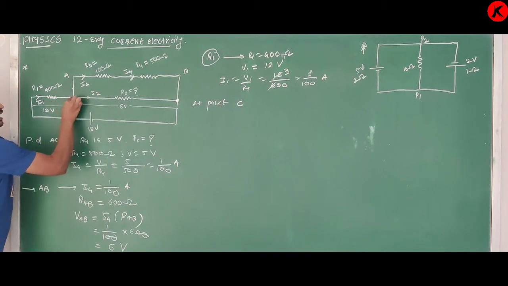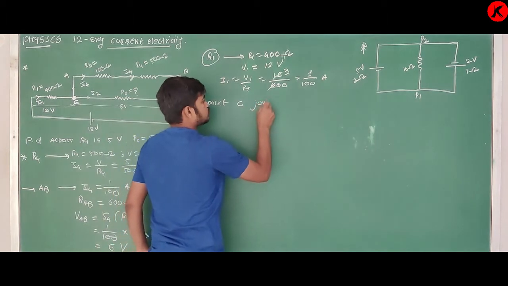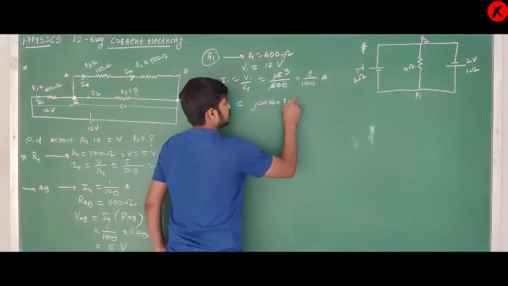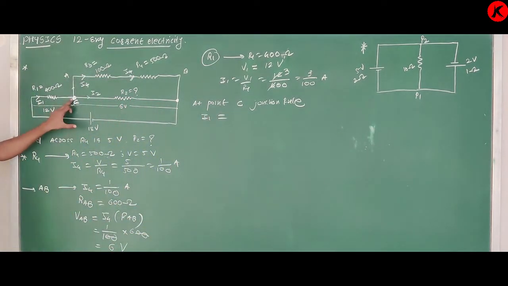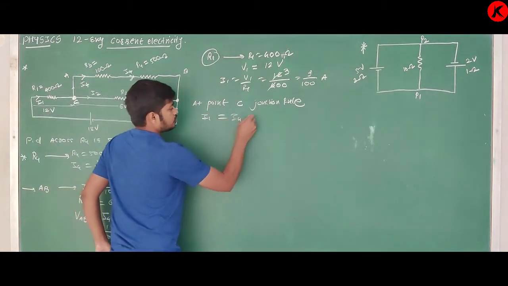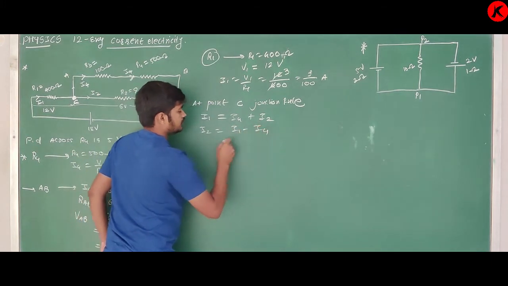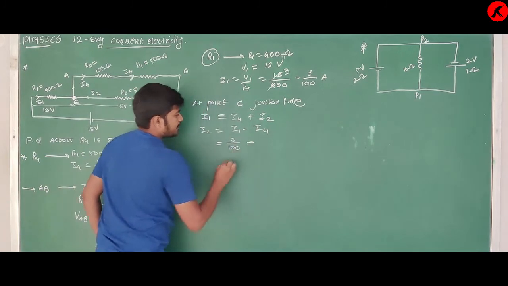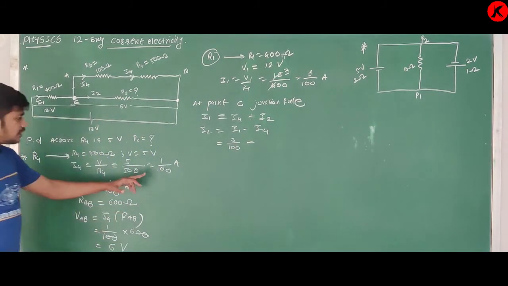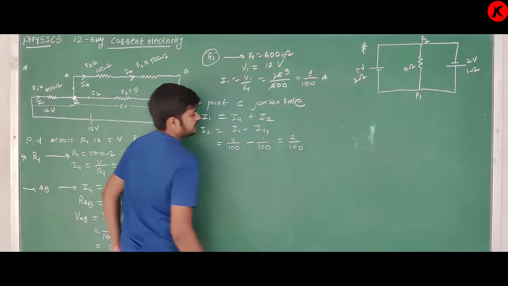So applying the junction rule at point C, I1 is equal to I4 plus I2. Therefore I2 is equal to I1 minus I4. Where I1 is 3 upon 100 and I4 is 1 upon 100, so obviously it is 2 divided by 100.